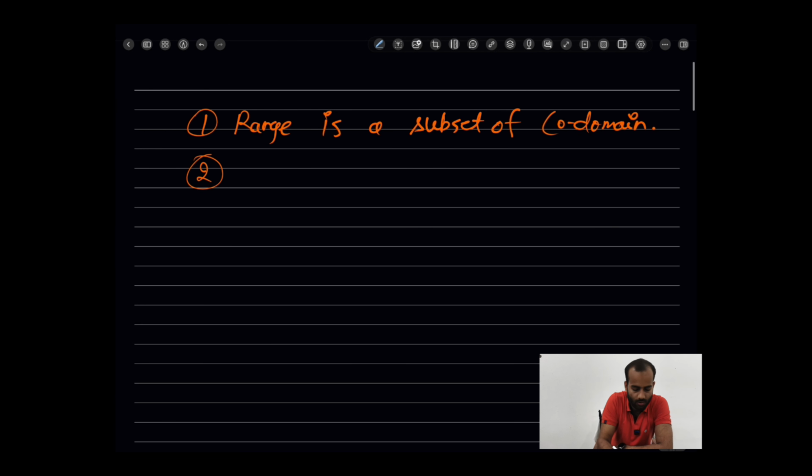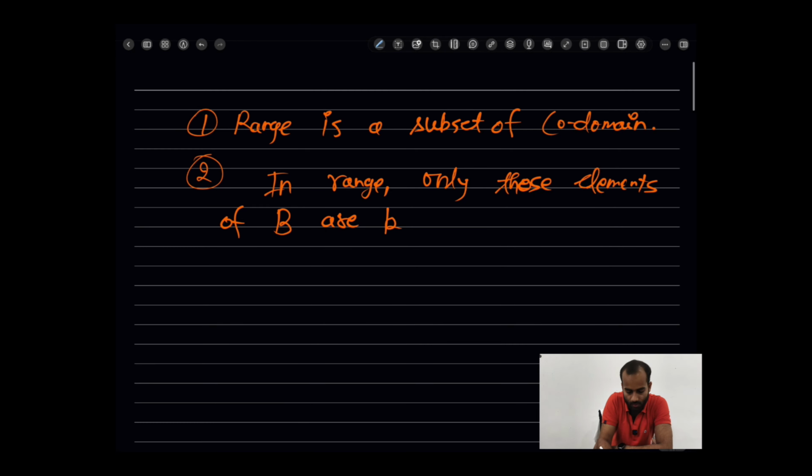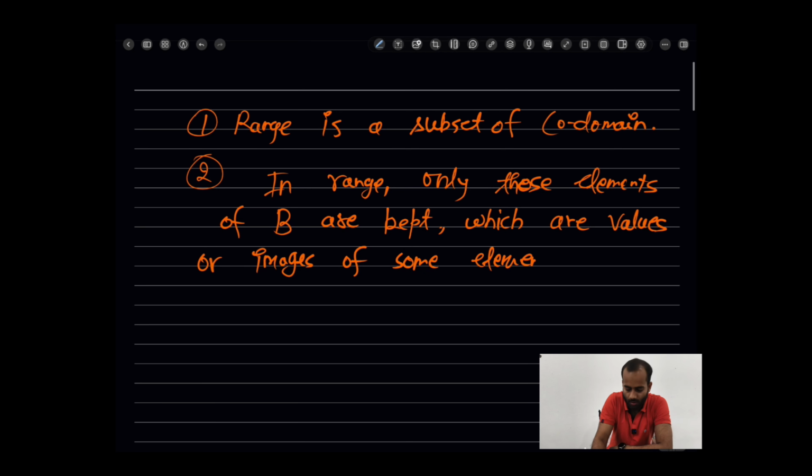Second, in range only those elements of B are kept which are values or images of some element of the domain.